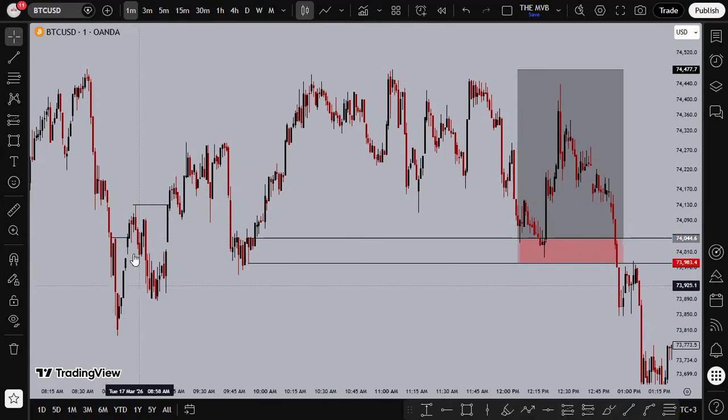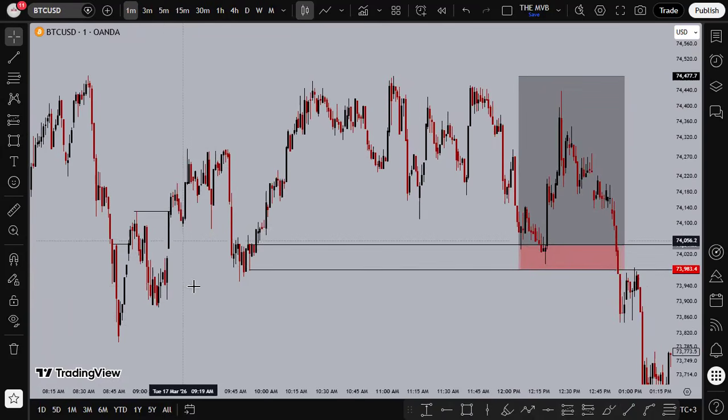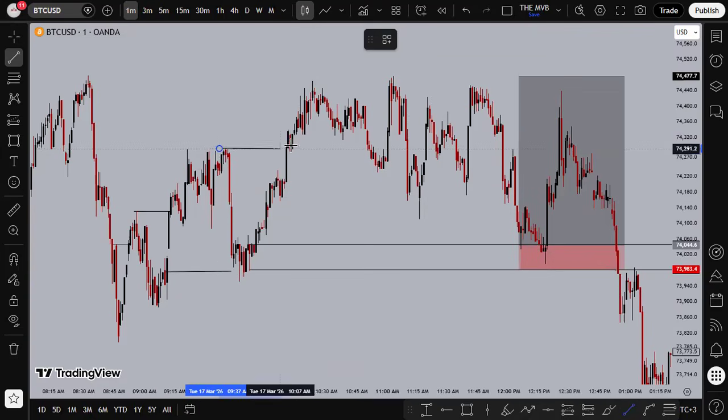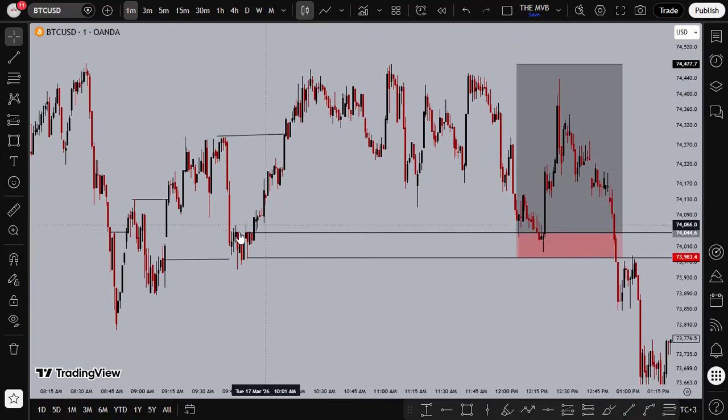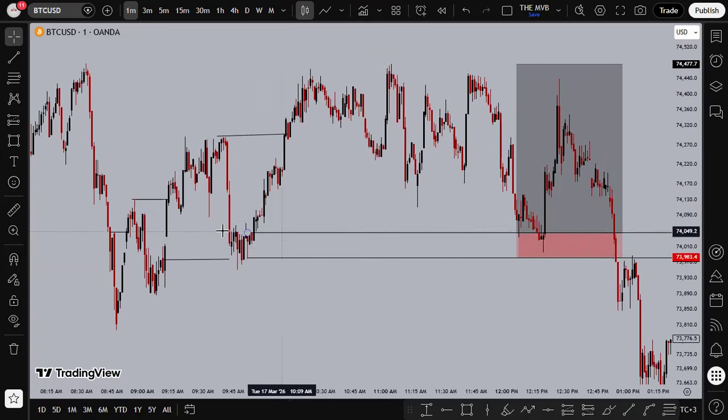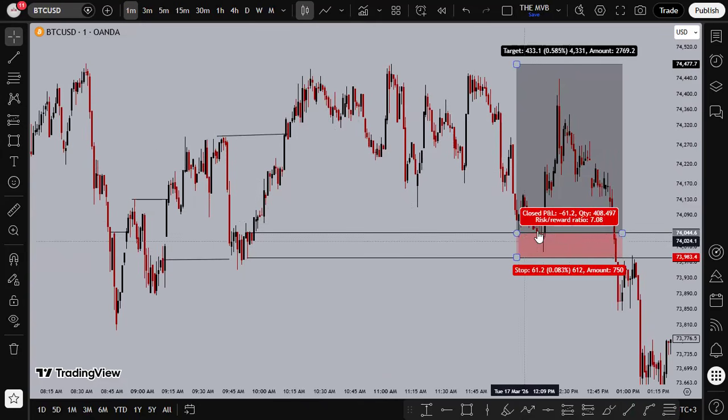This break of structure gave us an inside formation, and we took that inside formation, but the market created another opportunity, which was this one, and it left us with another inside formation. So the entry was based on inside formation, and that was the entry.